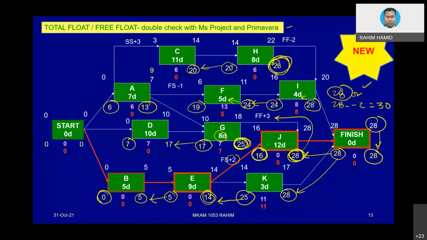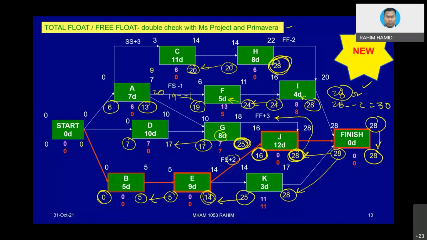First thing first, let's take the arrow from F. If we take the arrow from F, 19 is the figure that we are going to look into. And then 19 minus 1, which is equivalent to 20. 20 is one value to be put here. But hold on to that value first.